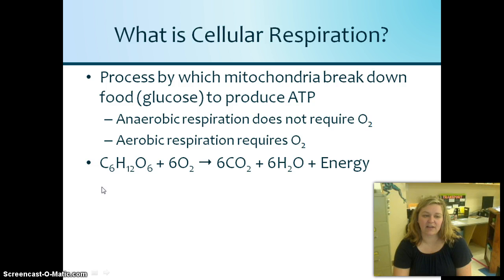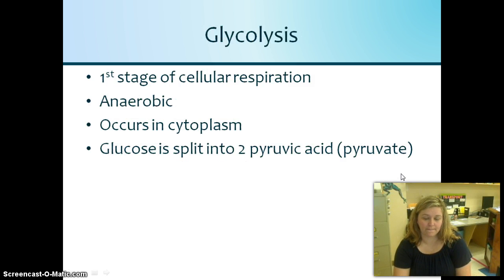This is the formula for aerobic: C6H12O6, which is glucose, plus O2, which is oxygen, gives us CO2, or carbon dioxide, plus water, plus energy, or ATP. Now, when we go through cellular respiration, there are a couple of stages, and the only stage that I'm really worried about right this minute is called glycolysis. Remember, we talked about lysis and how that means to break something.